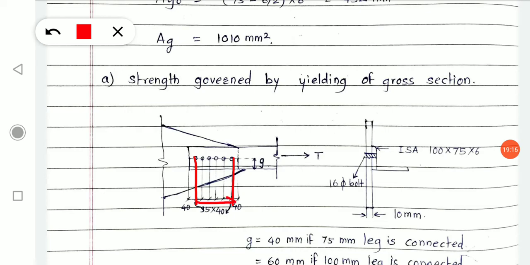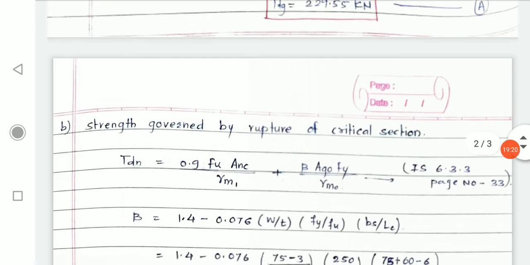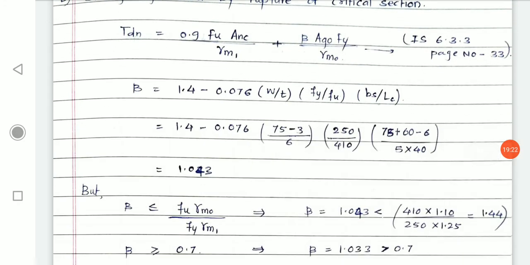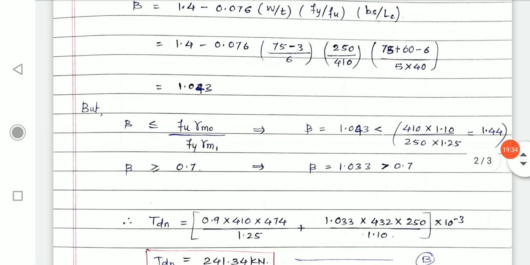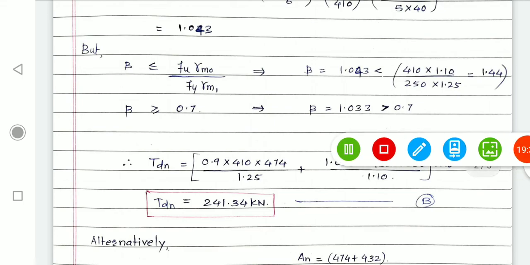So that will be 5 into 40. That's how we calculated this value. Once you solve this in your calci, you will get the answer 1.043.